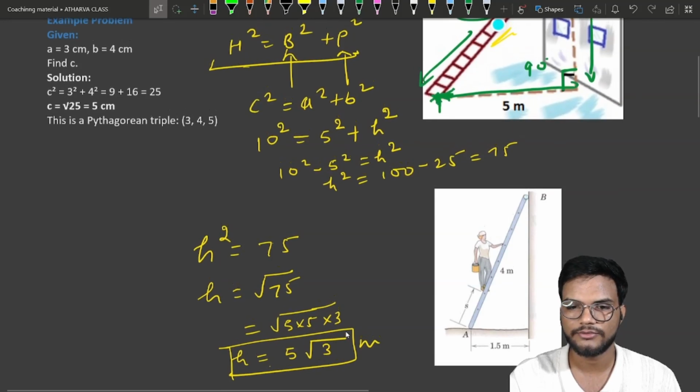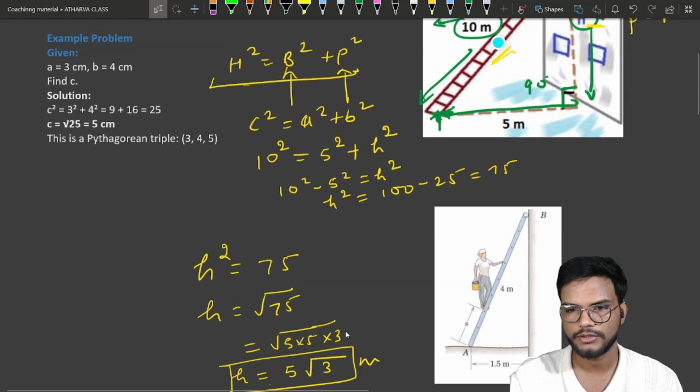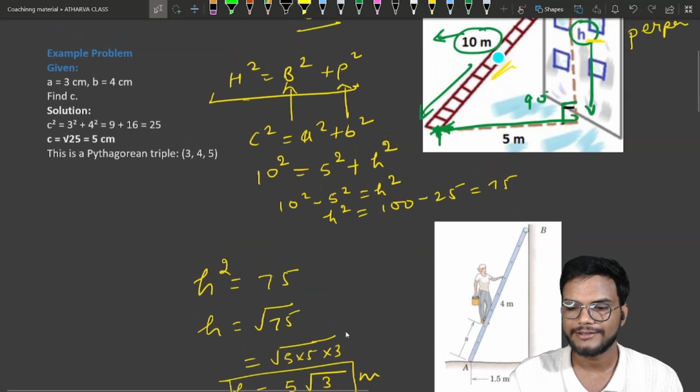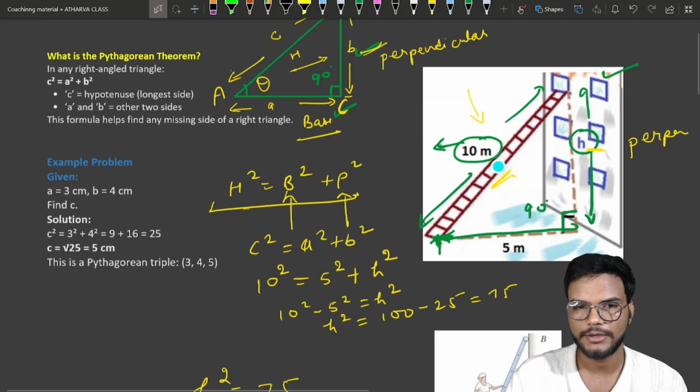So h is 5 root 3 meters. You can simplify further by putting the value of root 3 as 1.732, but that is a different matter. The main thing is to find the value of h. I hope you got all this properly.